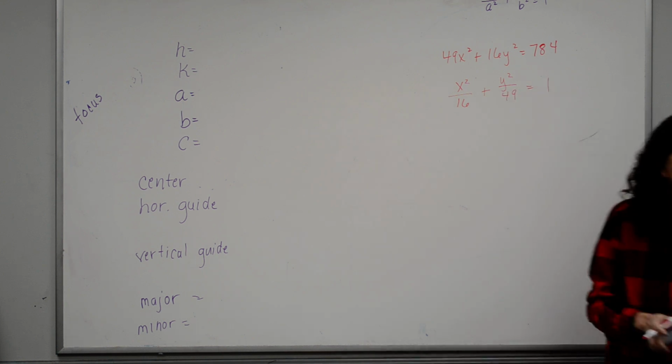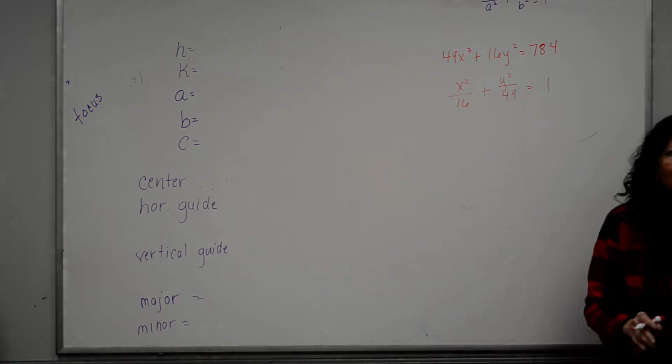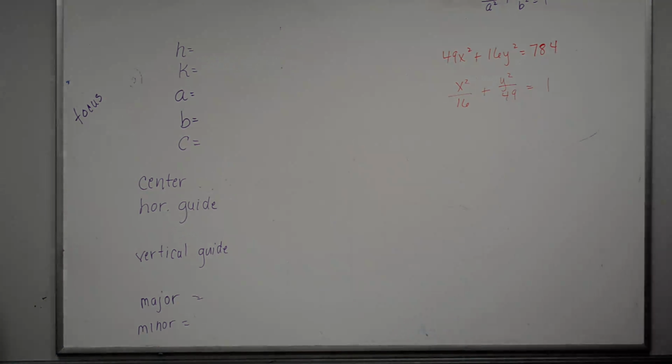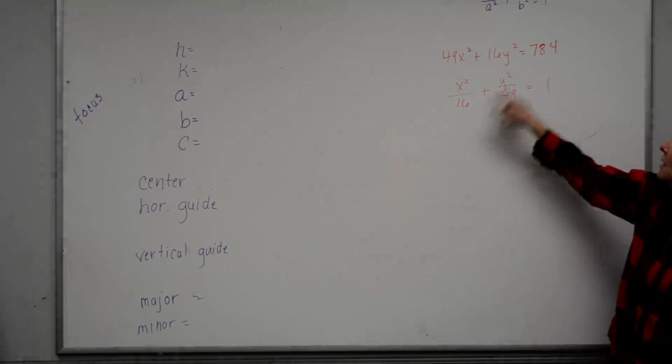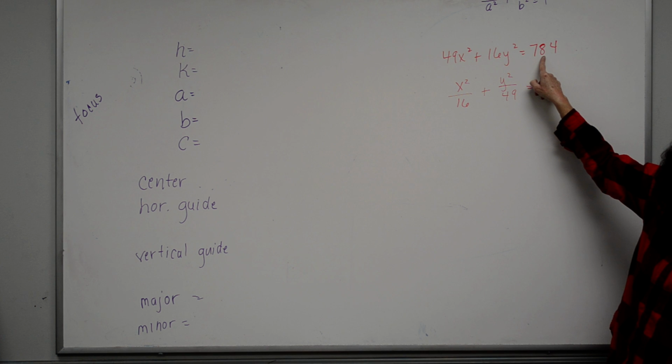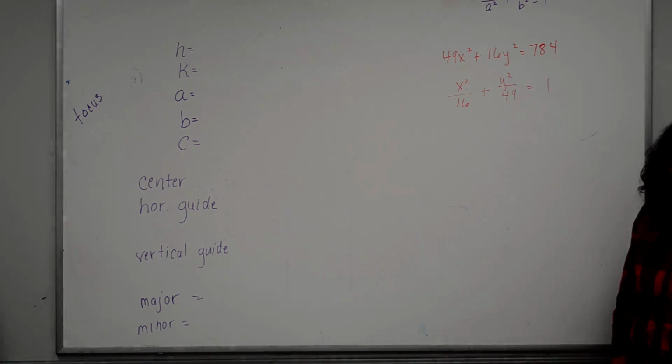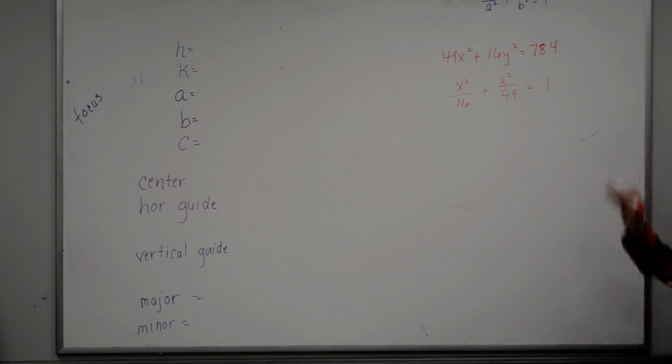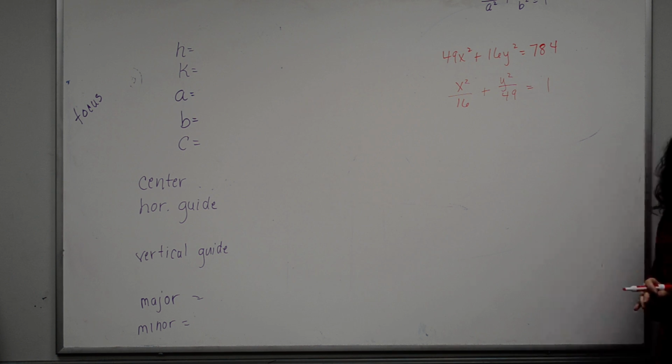Now I'm going to tell you, this is not always the case, but most of the time on the equations they give you in the book, if you multiply these two together, you get that. Most of the time they do it that way. There are a few exceptions. All right, so is this going to be a vertical ellipse or a horizontal ellipse?